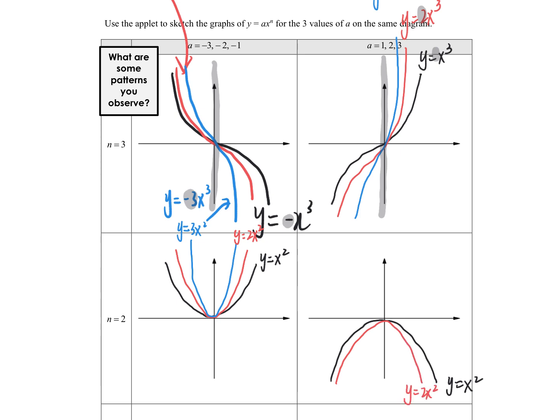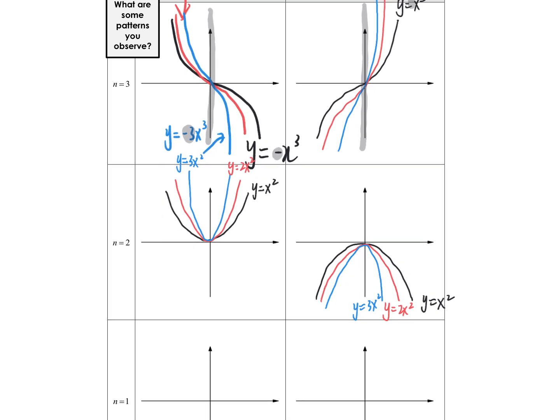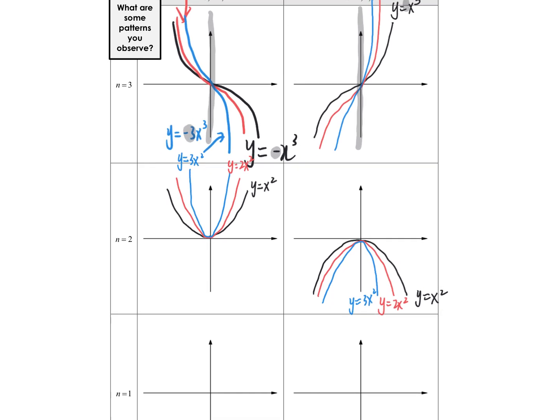Okay, then the last one is this one. It's okay, ugly is okay. Okay, so just make sure that when the number in front gets bigger, it goes closer to the y-axis. Okay, it goes closer and closer.